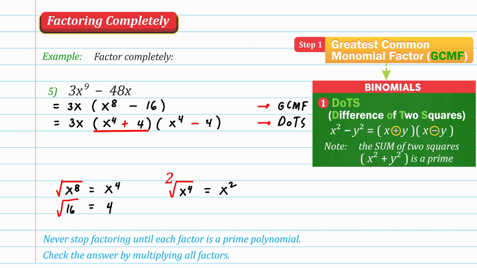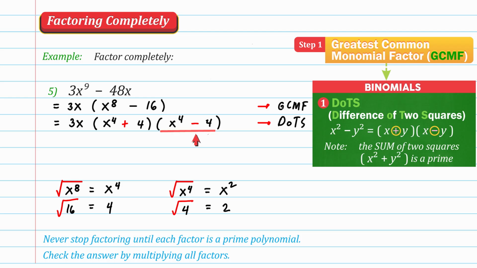It's a perfect square. And then obviously 4 is a perfect square with square root equal to 2. However, the first binomial is not factorable because it's a sum of two squares. And it's definitely prime. Wala pong sum of two squares na factorable polynomial. But looking at the second binomial, it's a difference of two squares uli.